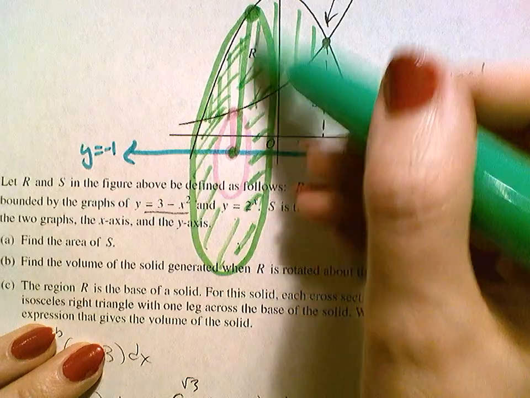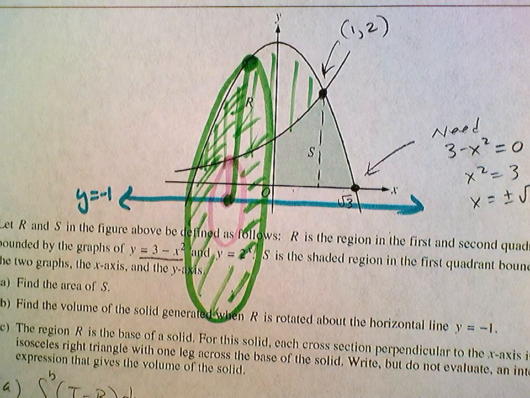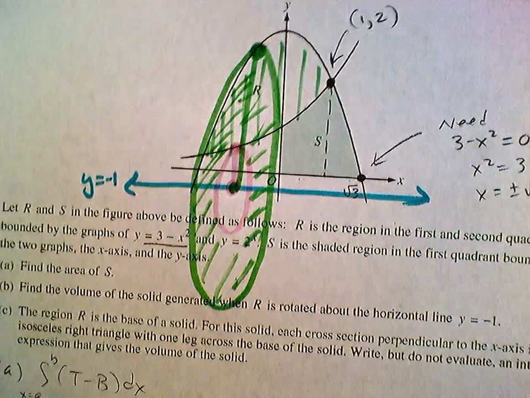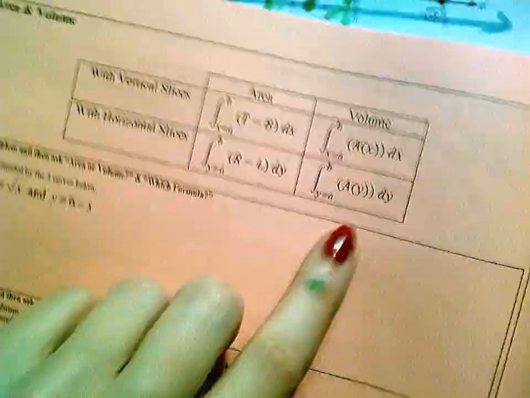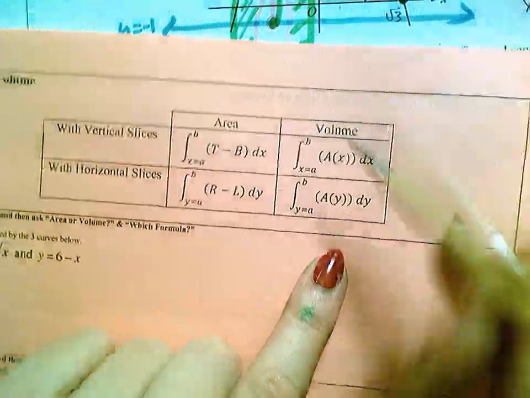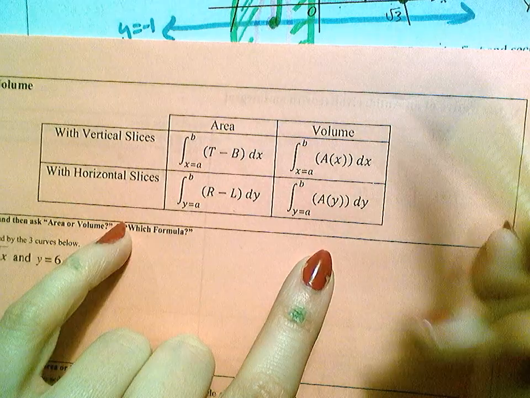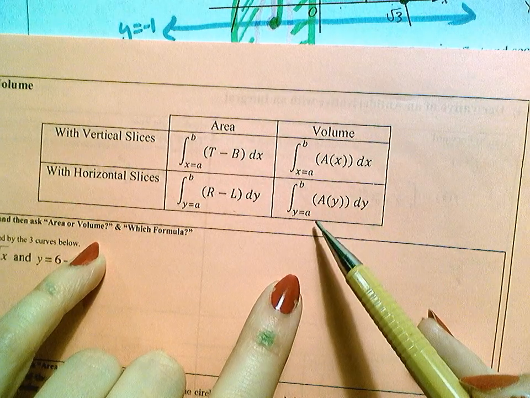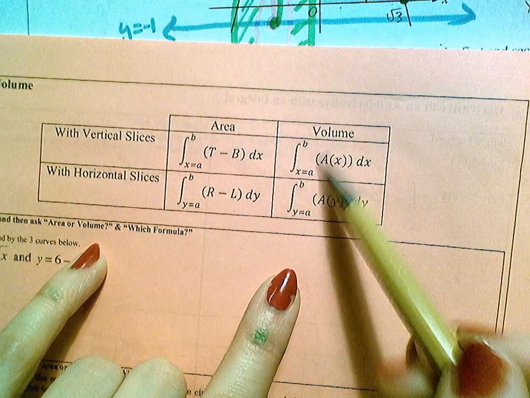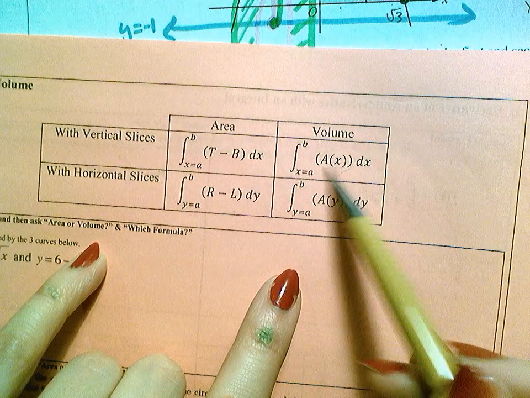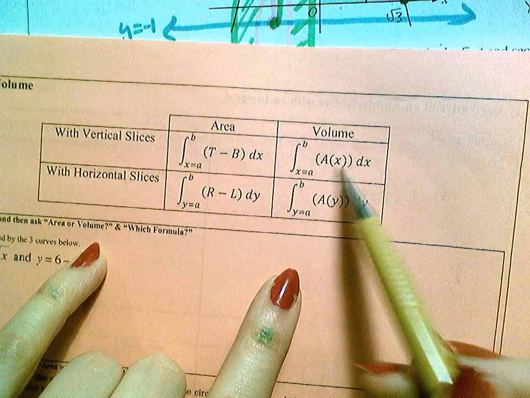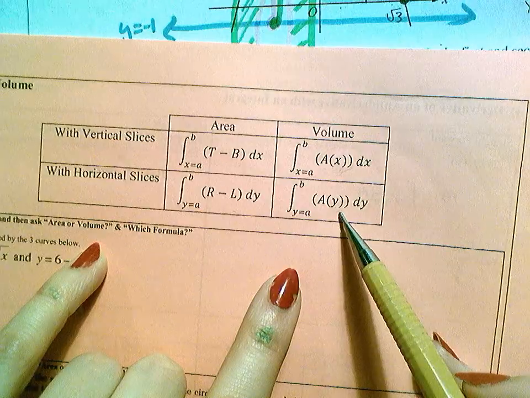It's hard to. Something like that. So we have washers anyway, is what I'm trying to say. For volume, you have to know these formulas. They're very similar to the area formulas, but the input of the integral is the area of a cross section. It's either the area as a function of x, or the area as a function of y.